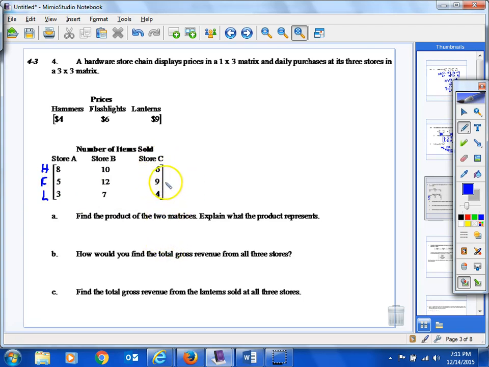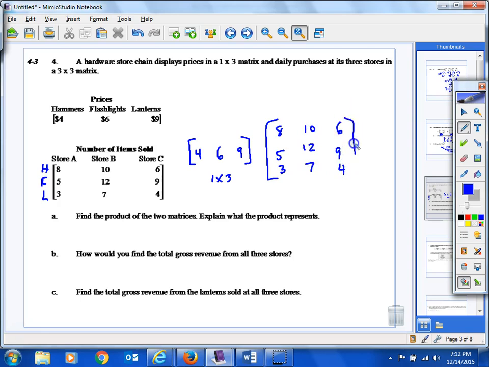So once again, we're going to find the product of the 2 matrices. So in order to multiply them together, we need to make sure that we situate them properly. This is a 1 by 3, and of course this is a 3 by 3. Make sure I got those written correctly. All right, and so they do work if we multiply them in this way, and our result should be a 1 by 3 product matrix, 1 row, 3 columns.